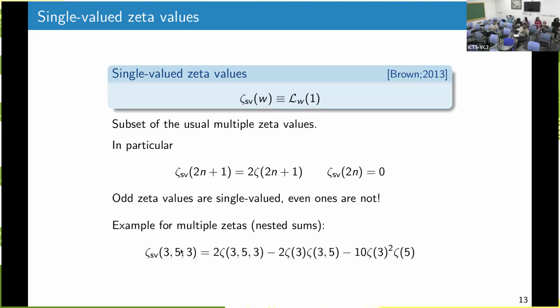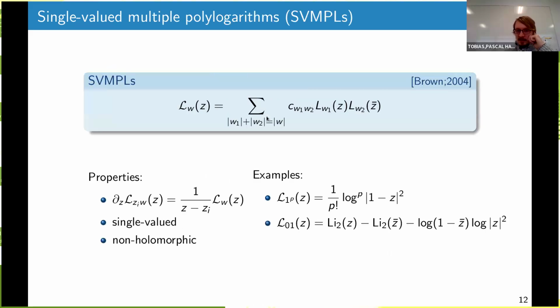But the zetas also depend on a word. You could define them like this, but for example, if I take zeta 2, it means I take this L01, the single-valued Li2. You have to convert the notation a bit. Okay.